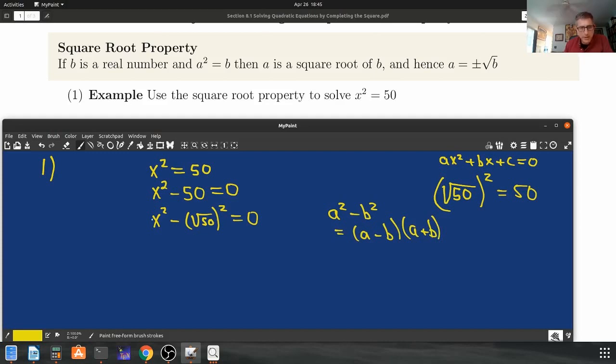So here, clearly, my a is my x, and my b is the square root of 50. So this gives me a factorization. x minus the square root of 50, times x plus the square root of 50, and that is equal to 0.